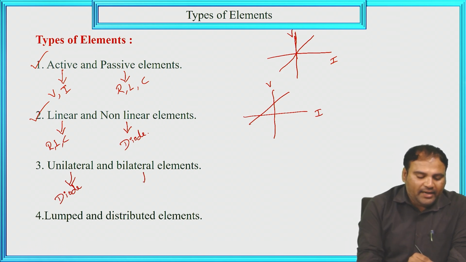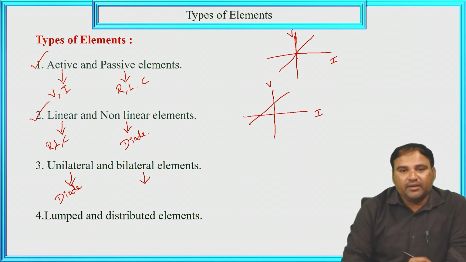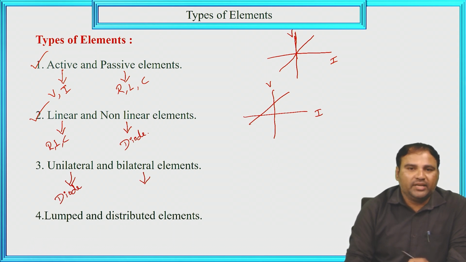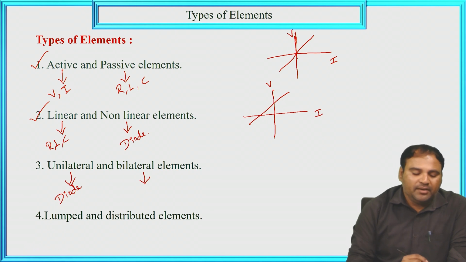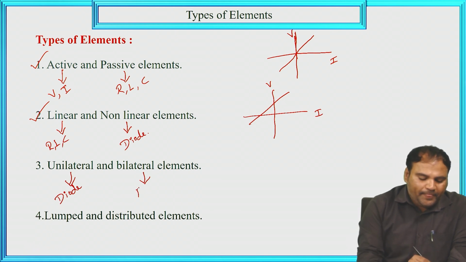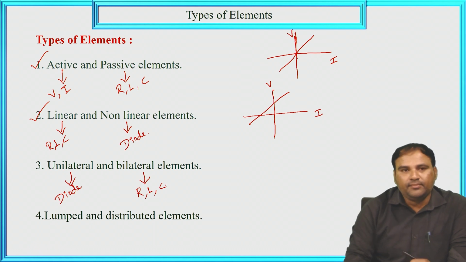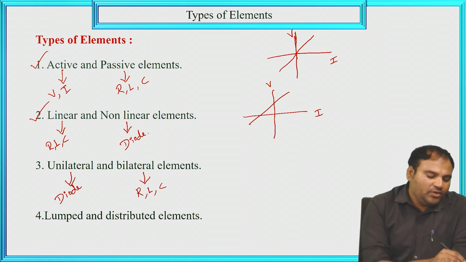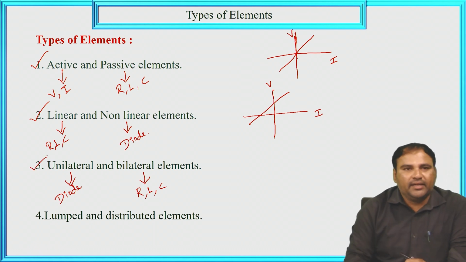And bilateral elements, what is meant by bilateral elements? It is nothing but which has both directions. Examples for bilateral elements are resistor, inductor and capacitor. Okay, so here are the unilateral and bilateral elements.